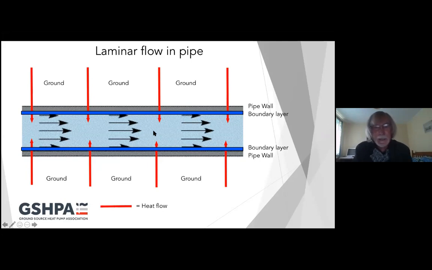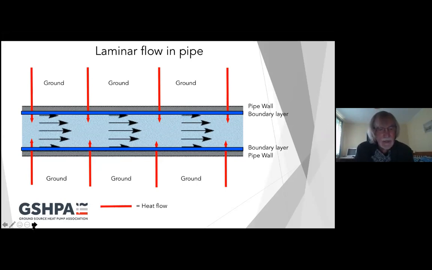And as the temperature drops in this fluid, it's going to induce the flow of heat from the ground into the tube, whether it's a U-tube or tube. The heat has to get through the pipe wall, and it has to get through this boundary layer here, which in a laminar system offers some resistance to the flow of heat.